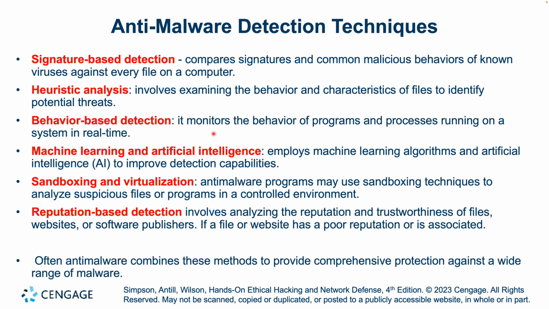The third one is the behavior-based detection. In this type of detection, the anti-malware program monitors the behavior of the programs and processes running on the system in real time.